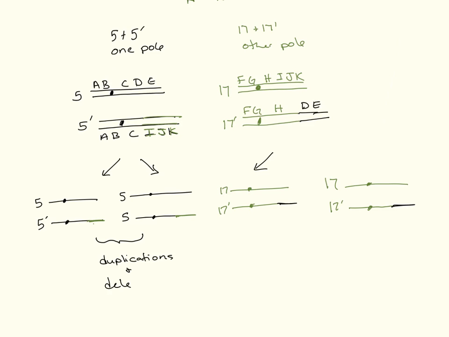So you have large duplications and large deletions, which is going to result in a non-viable offspring or gamete. And the same thing is true on the other side. Here we have duplications of this portion of chromosome 17, and we're missing the majority of chromosome 5.